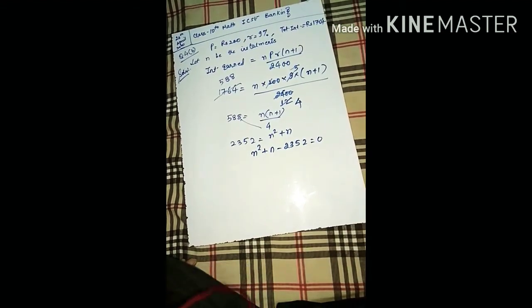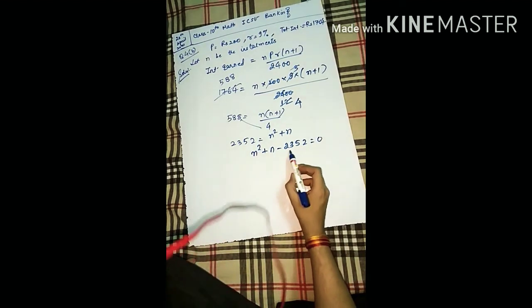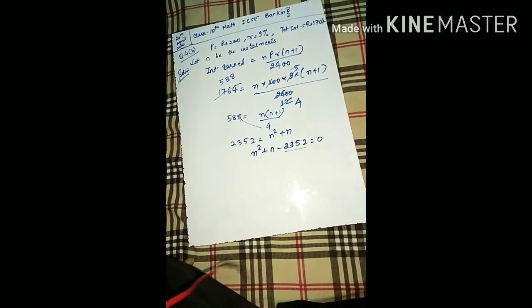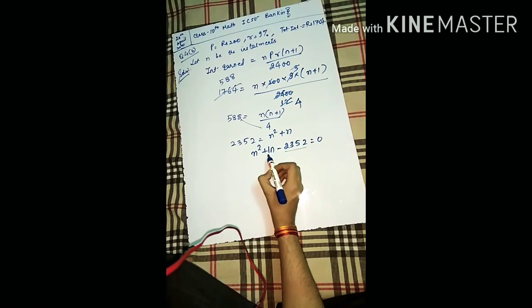Again, I told you that when the quadratic equation chapter comes, it will be more clear to you. So right now, to understand what I'm doing, on finding the factors of 2352, I'm getting 49 and 48. And if we subtract 48 from 49, we get 1.